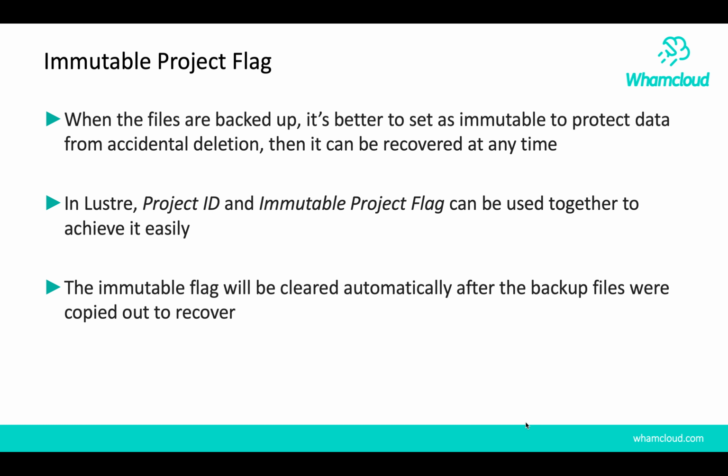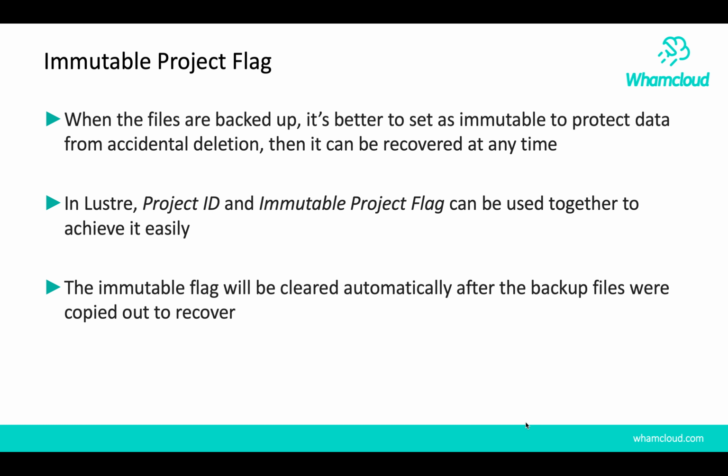Okay, let's introduce some useful project flags. The first is the immutable project flag. This flag can be used during backing up files. As you know, after the files or the directories are backed up, it is better to set them as immutable to protect the data from being deleted and make it recoverable at any time.